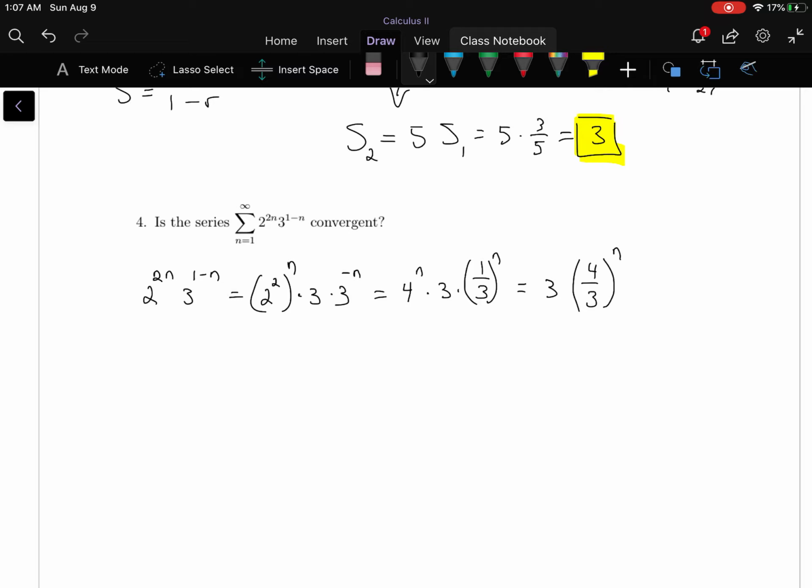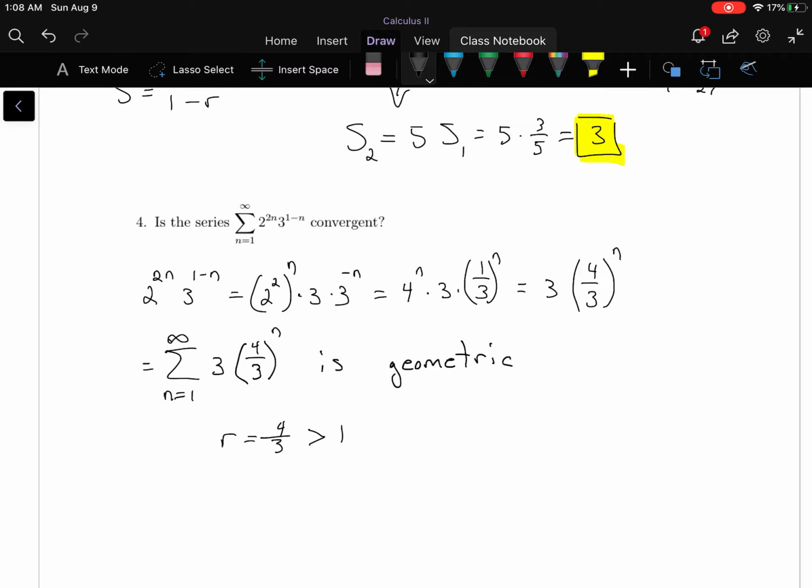And so this is useful because the summation we now know is equal to the sum as n goes from 1 to infinity of 3 times 4/3 to the nth power. And this is a geometric series with r of 4/3, which notice that is greater than 1.